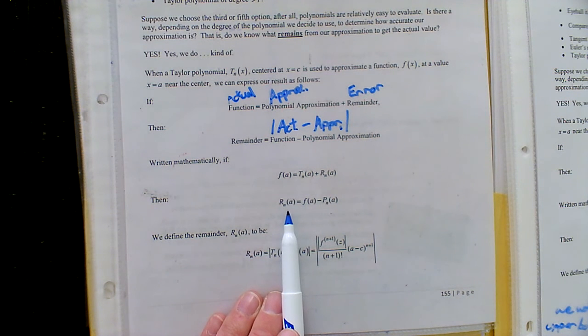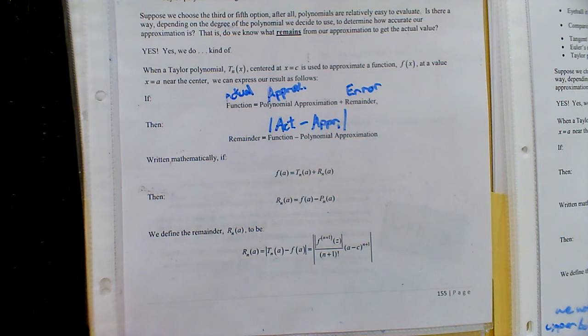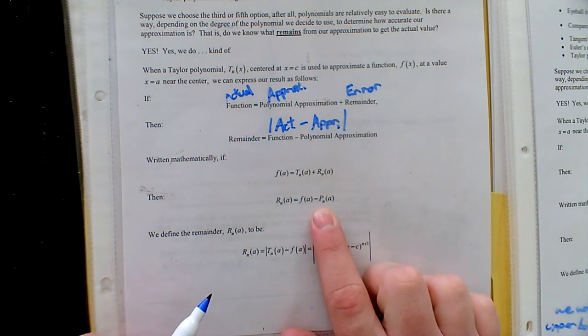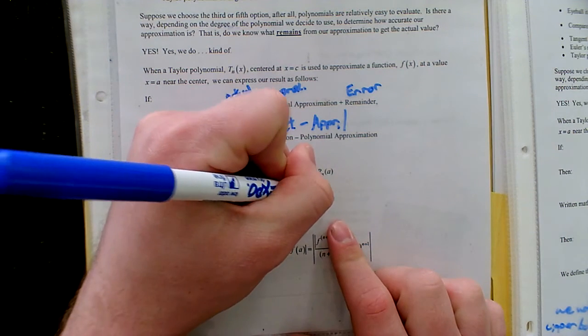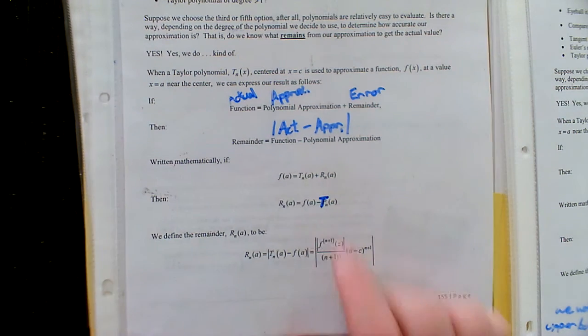So solving for that, the remainder is equal to your function evaluated at A, so that's your actual, minus, they had P for polynomial function, you can put T for your Taylor polynomial function. That way you keep it consistent.